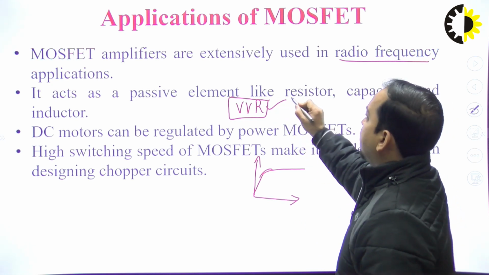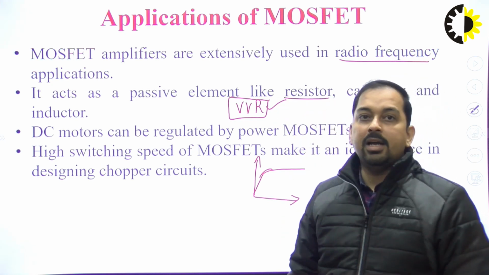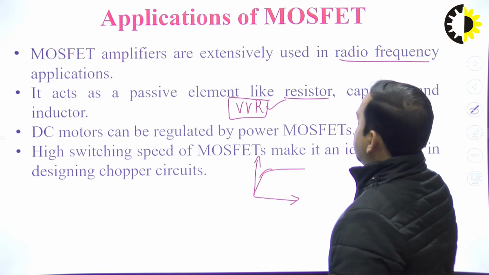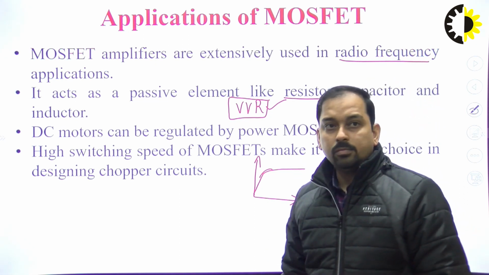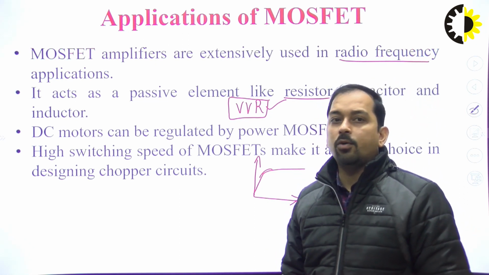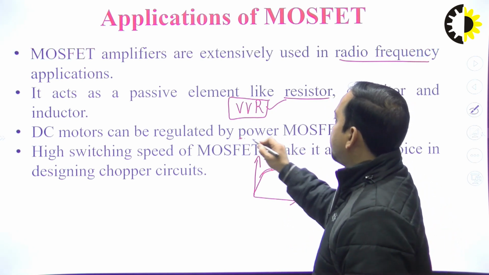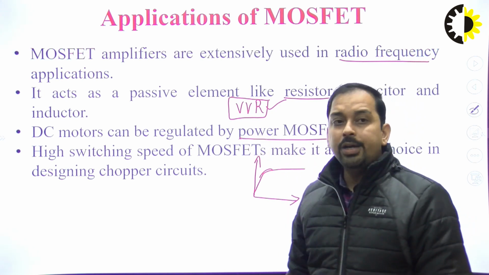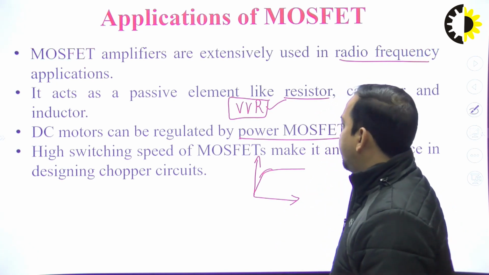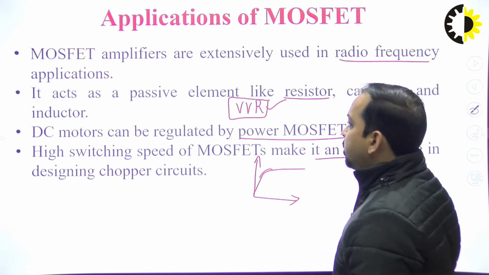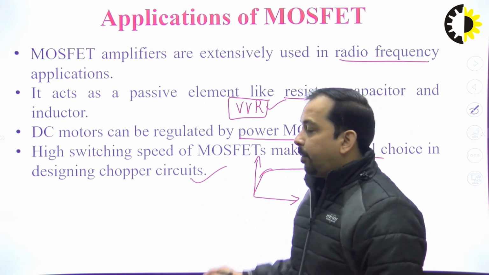So it can behave as a passive element like a resistor, capacitor or inductor. DC motors can also be regulated with the help of power MOSFETs. Due to the high switching speed of MOSFET, it is an ideal choice for the design of a chopper circuit.